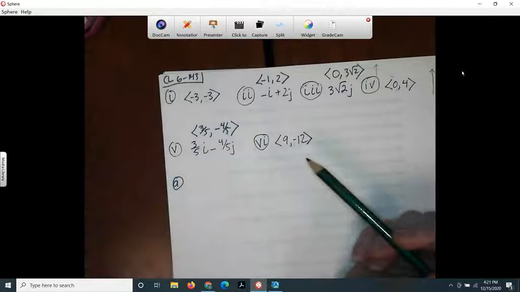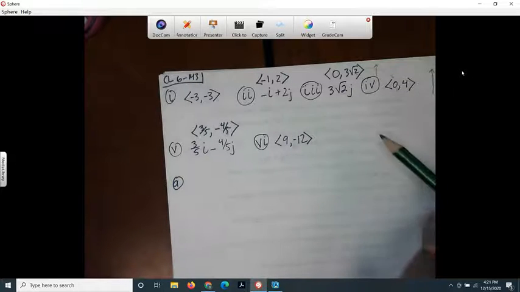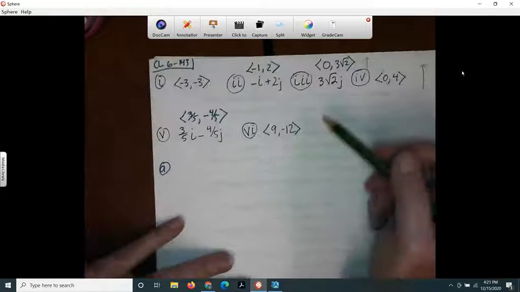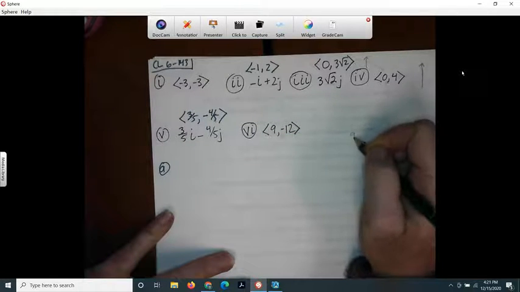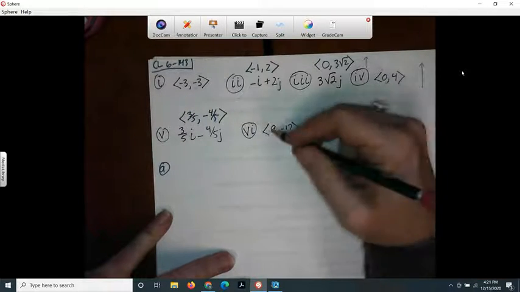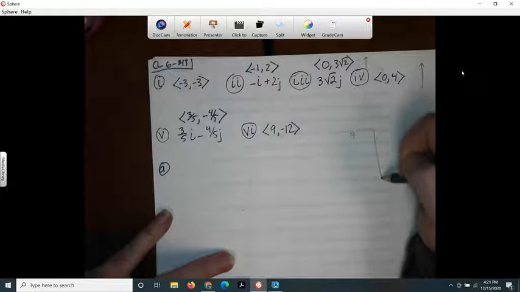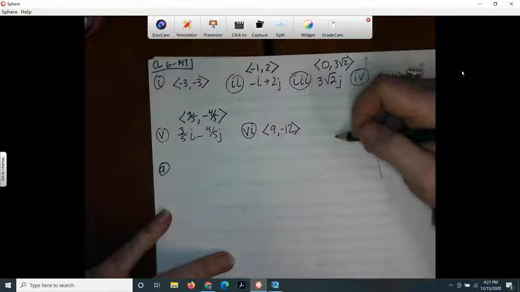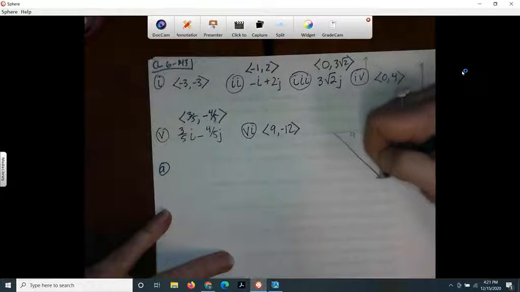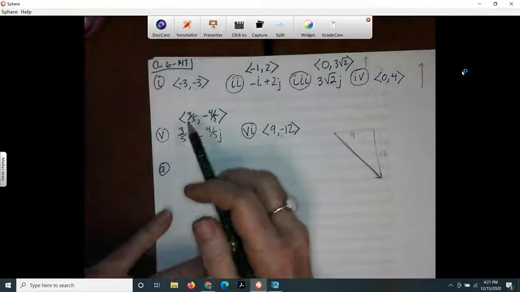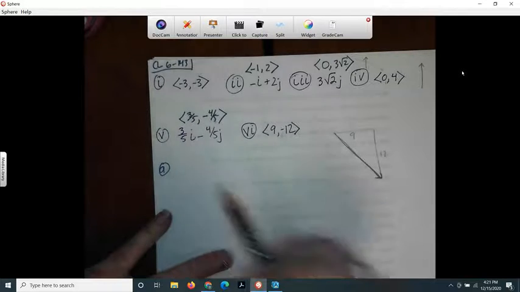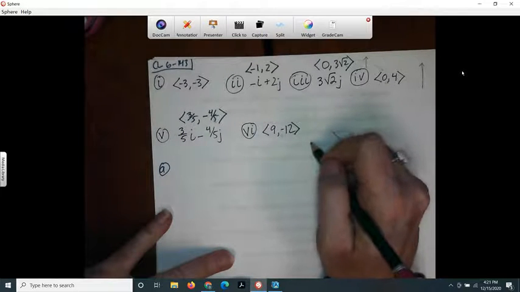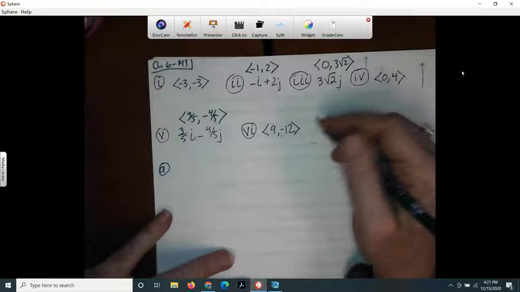I noticed your answer key says something about slope, and that's because this one goes right by 9 and down by 12, so it's going to look like this dark arrow I'm drawing. This one goes right by 3/5, which is pretty small, and down by 4/5.